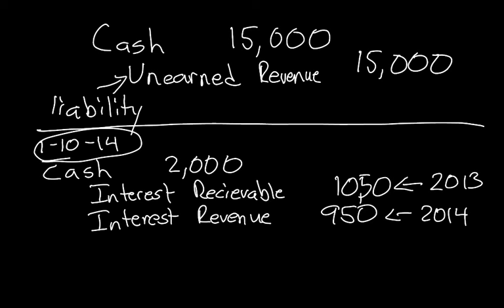Now let's go back to our slide. So in the following year, when we have to pay the interest, they're saying that we have to pay it on January 2nd, 2014.